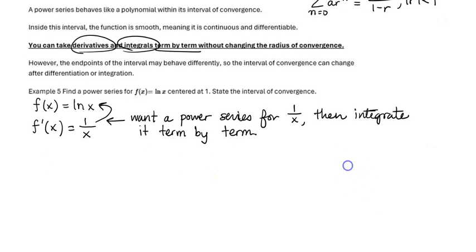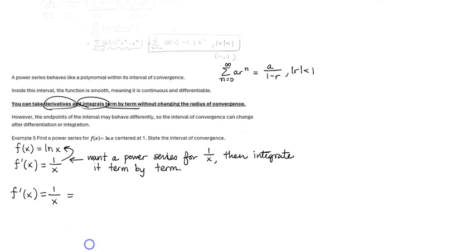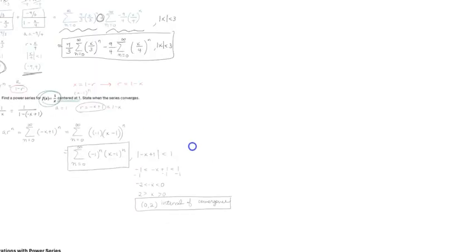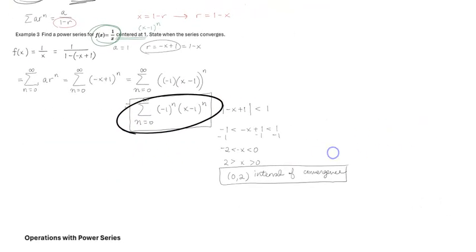So we've already written a power series for f prime of x. I'm just going to rewrite this so I have space to write next to it. We wrote a power series for 1 over x back in example 3. We have this representation here on an interval of convergence from 0 to 2, open on both endpoints.